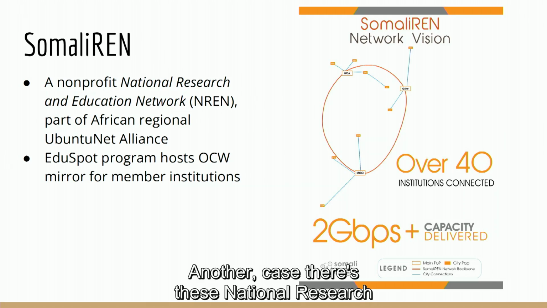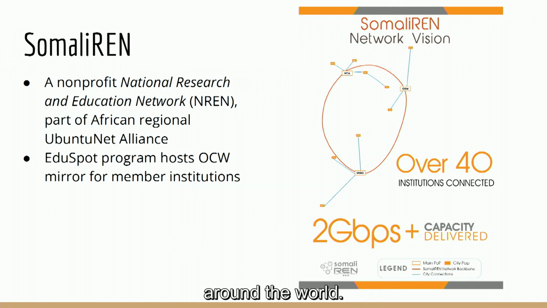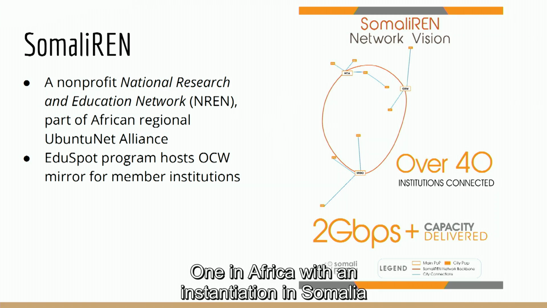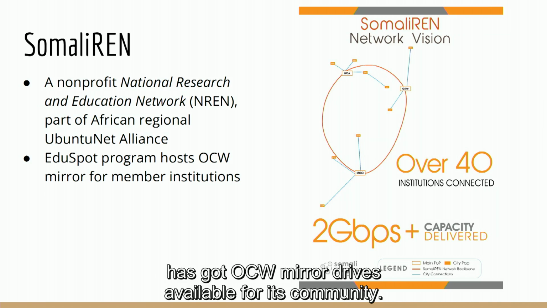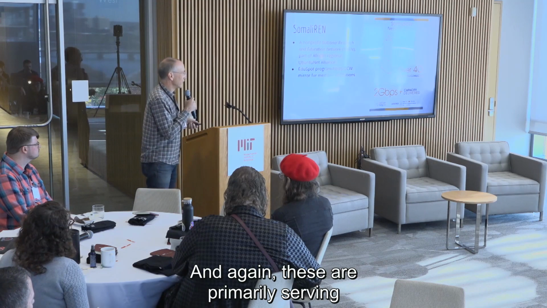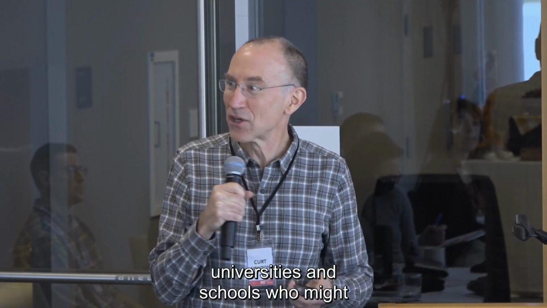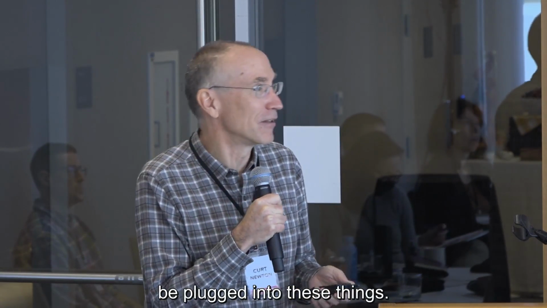Another case, there's these national research and educational networks together, right? NRENs that are springing up around the world. One in Africa with an instantiation in Somalia has got OCW Mirror drives available for its community. And again, these are primarily serving universities and schools who might be plugged into these things.